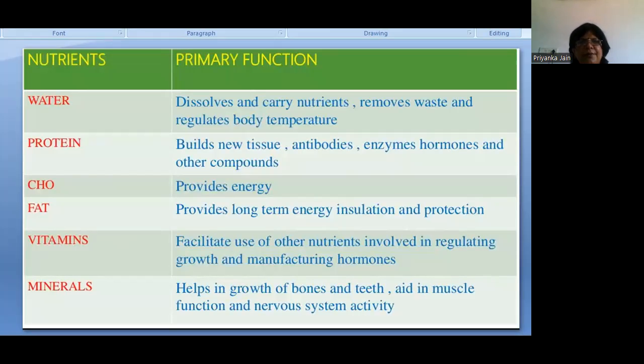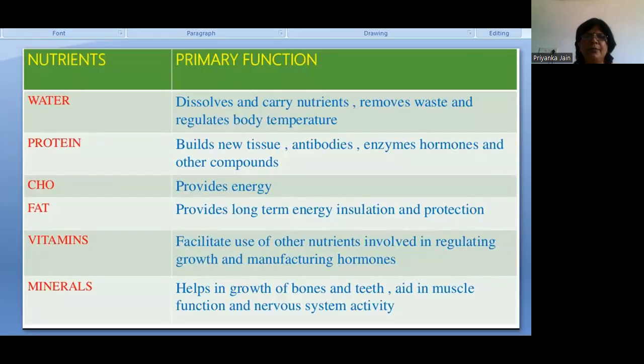Now, different nutrients including water, protein, cholesterol, fat, vitamins, minerals. Water helps in dissolving and carrying nutrients, removes waste products, and regulates body temperature. Protein builds new tissue, antibodies, enzymes, hormones, and other compounds.